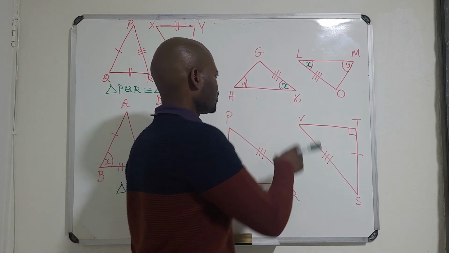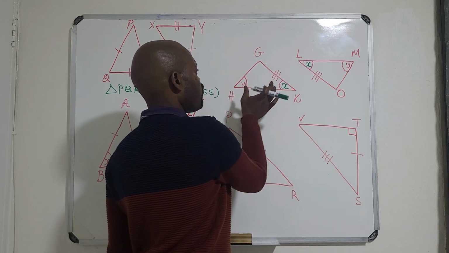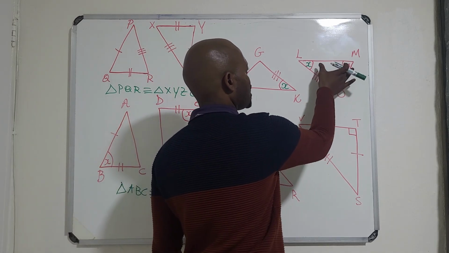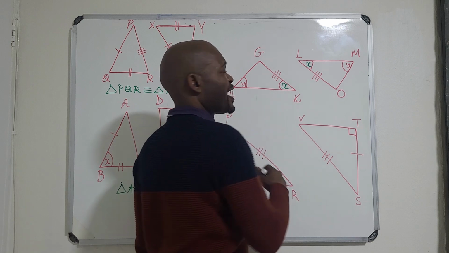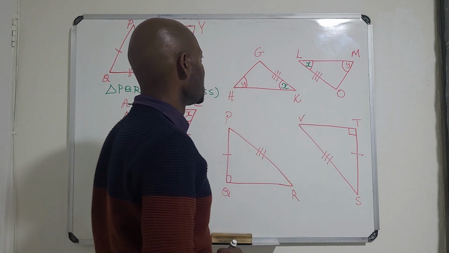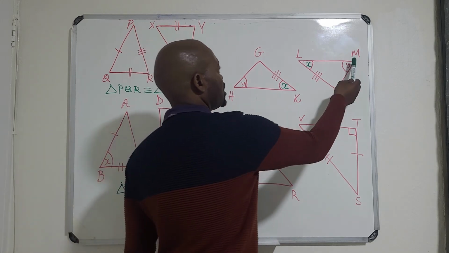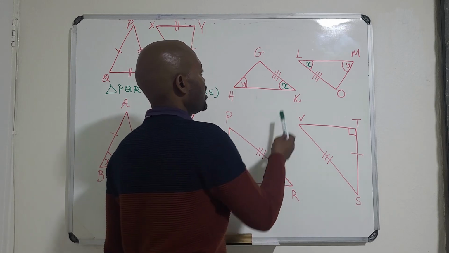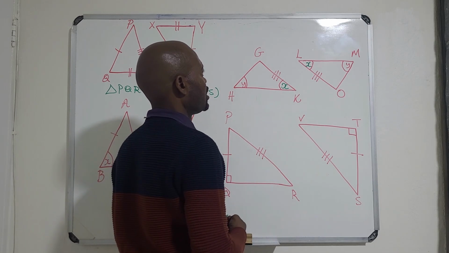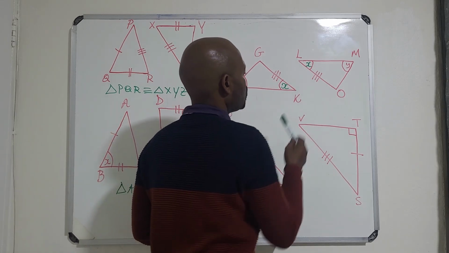Now, if two angles and a side of one triangle are equal to two angles and a side of another triangle, then the two triangles are congruent. You can see that angle H is equal to angle M, angle K is equal to angle L, and GK is also equal to LO.